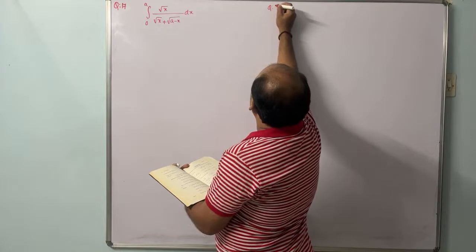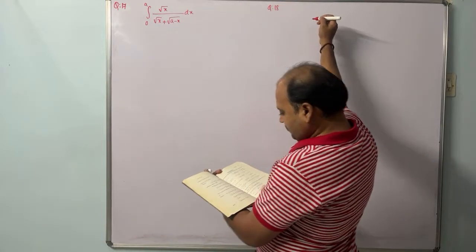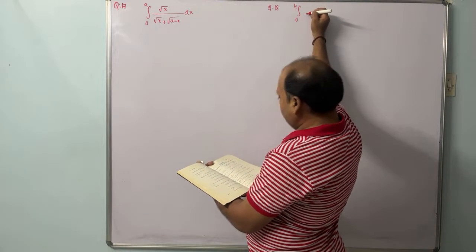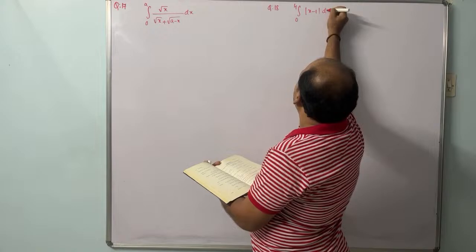So question number 18, integral 0 to 4 mod x minus 1 into dx.